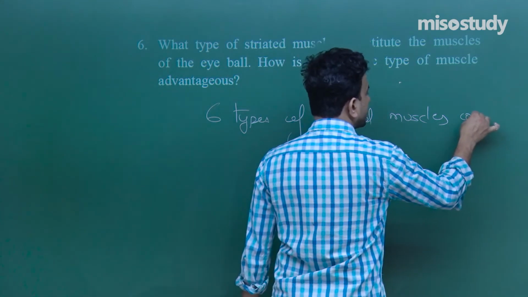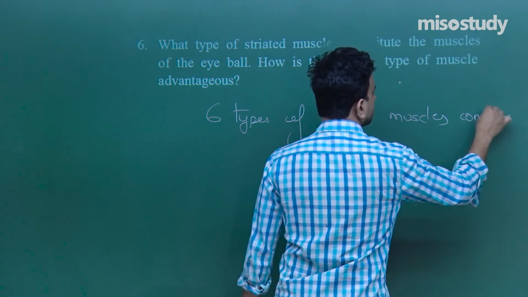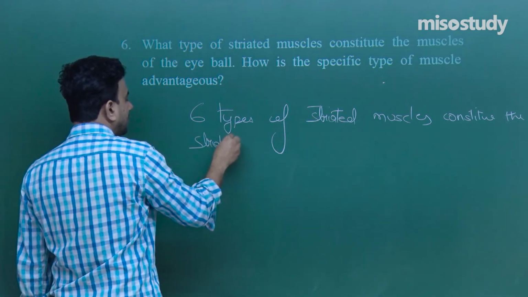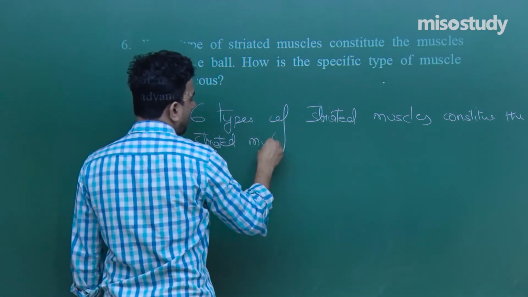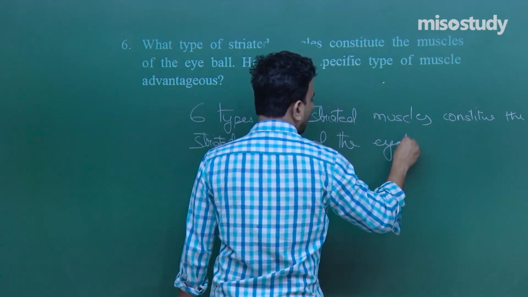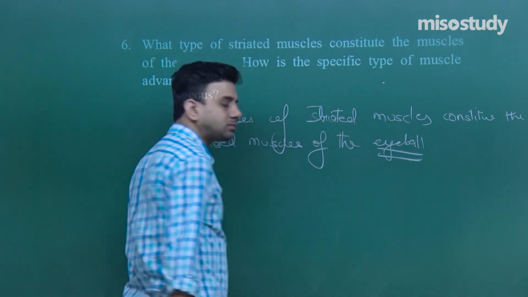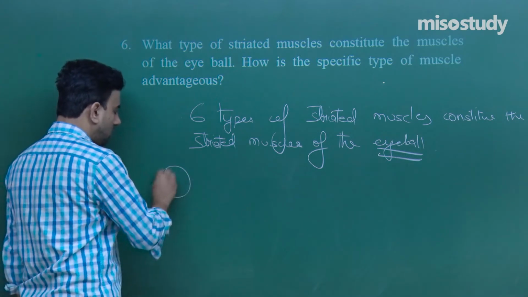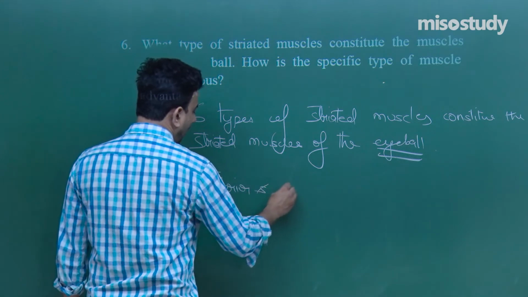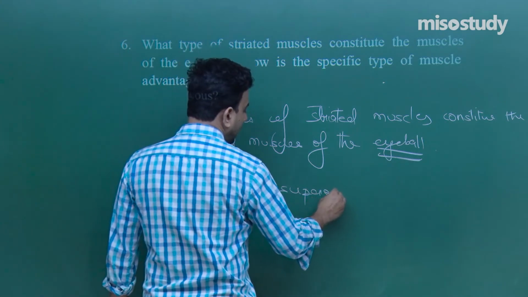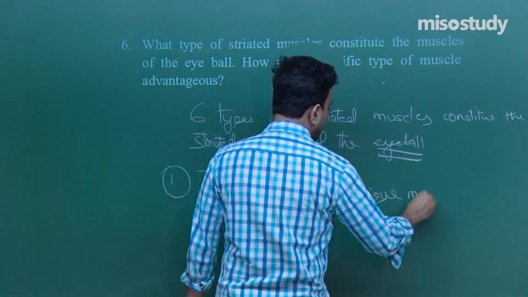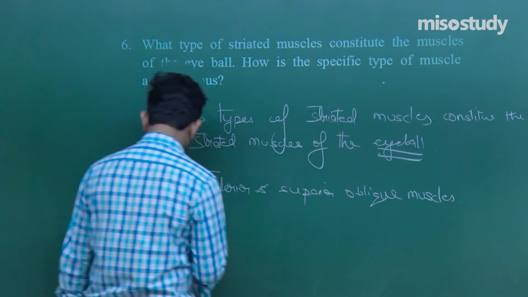Striated muscles constitute the muscles of the eyeball, right. The inferior and superior oblique muscles, right, the inferior and superior oblique muscles.